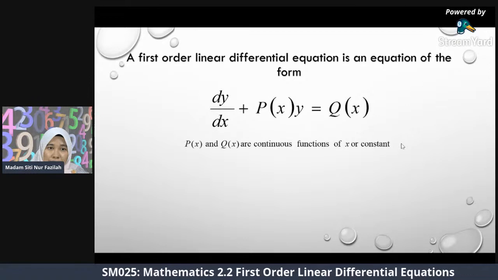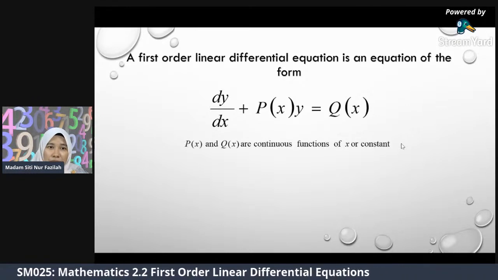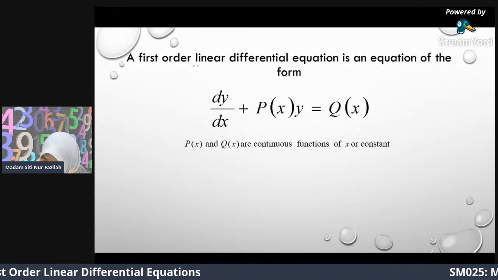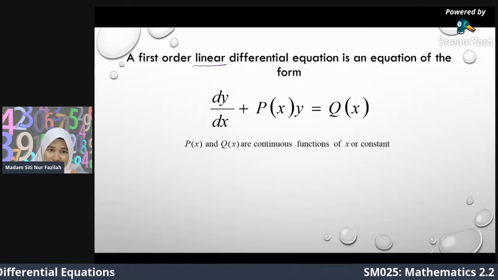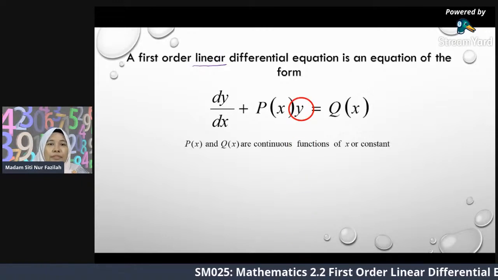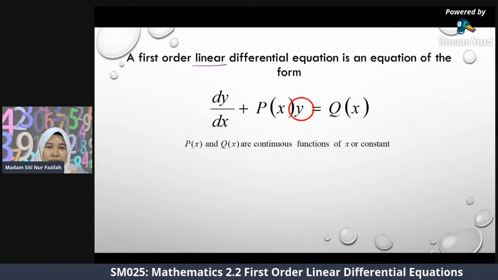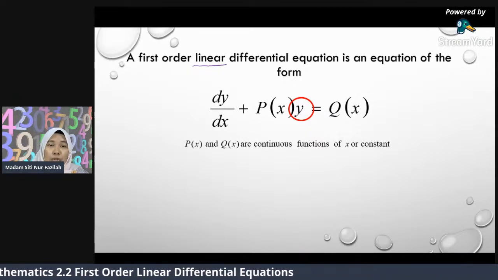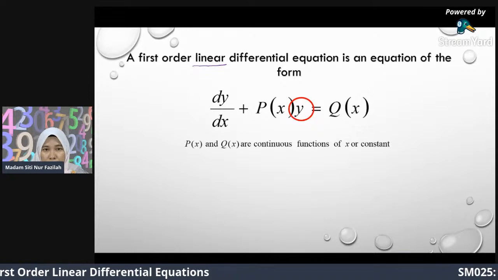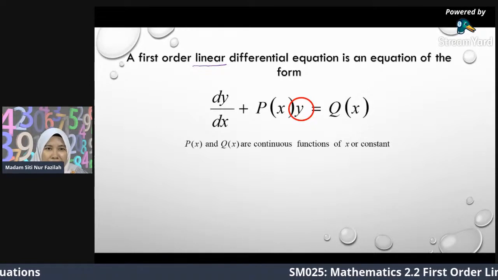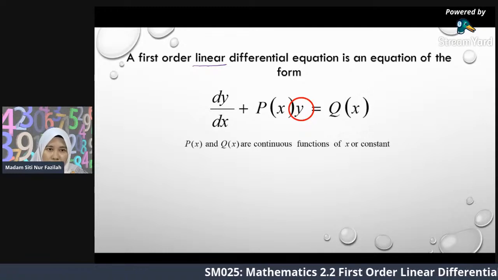Why linear here? Because the variable y must be to the power of 1, as in a linear differential equation.